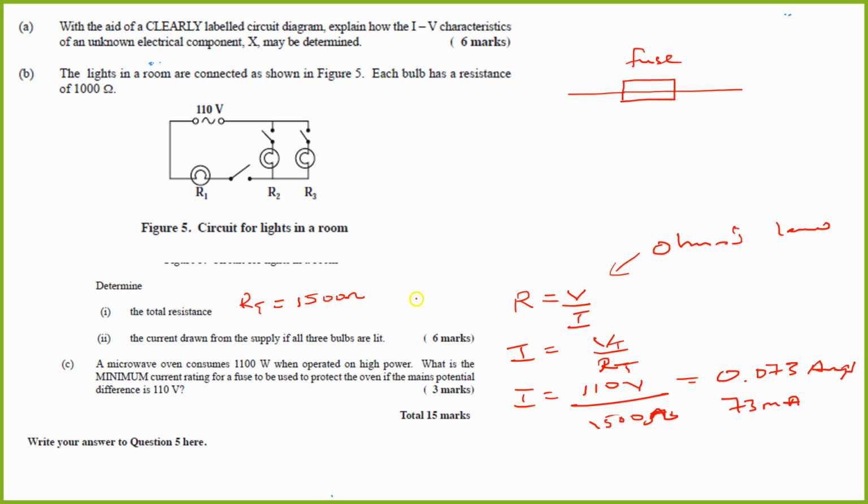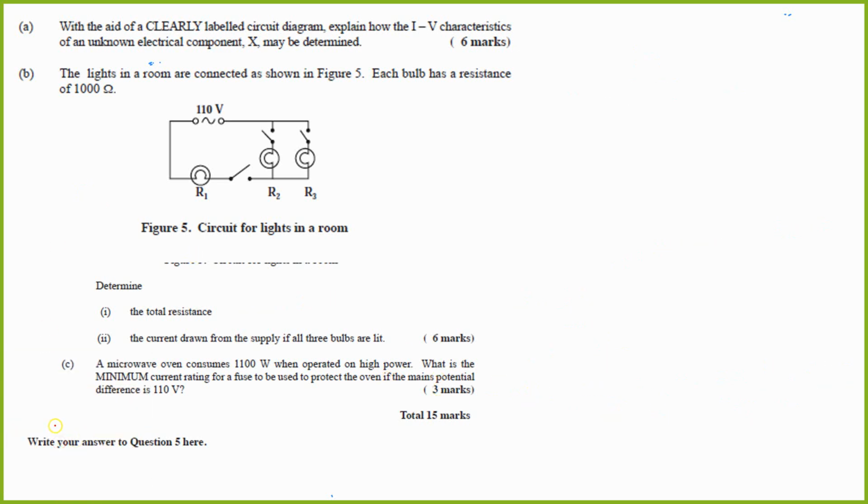In order for us to find that out, first we must understand the amount of current that is needed to operate the microwave oven. How do you think we can find out the amount of current needed to operate the microwave oven? What do you propose?